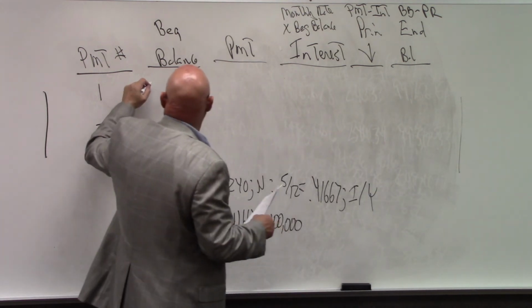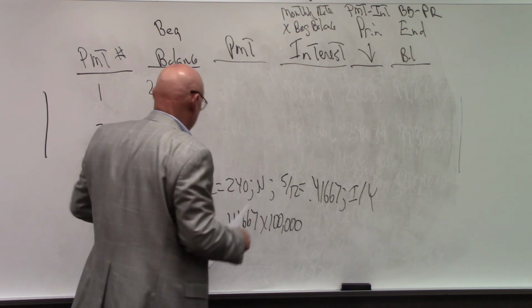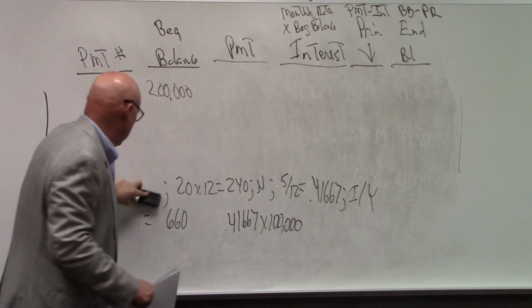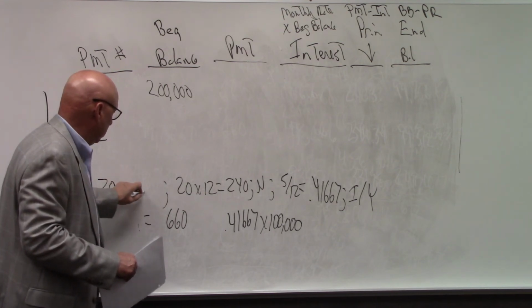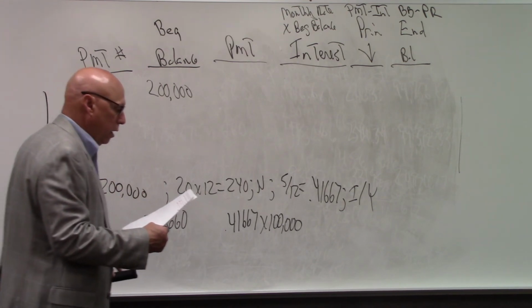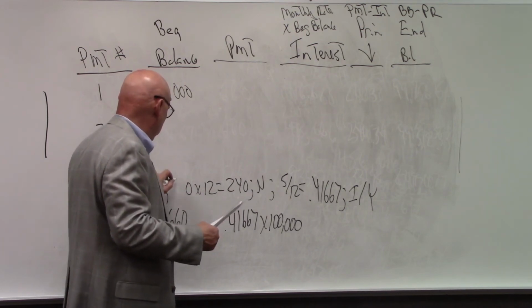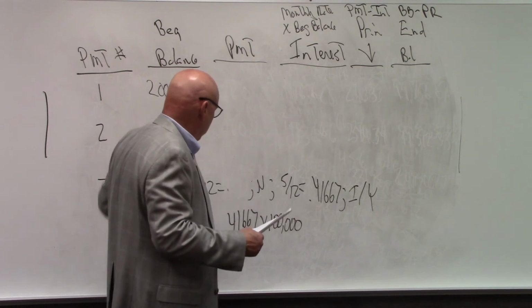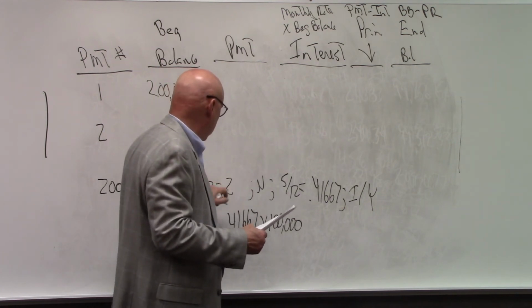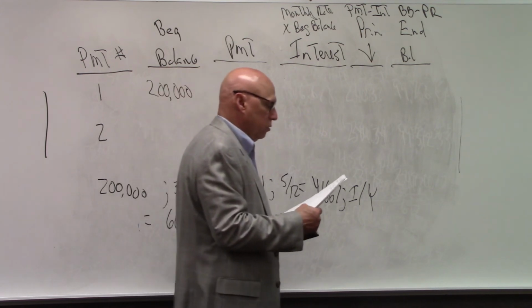So this is 200,000, and let's find the payment. 200,000, and it's for 30 years times 12 payments per year is 260. I'm sorry, 360.